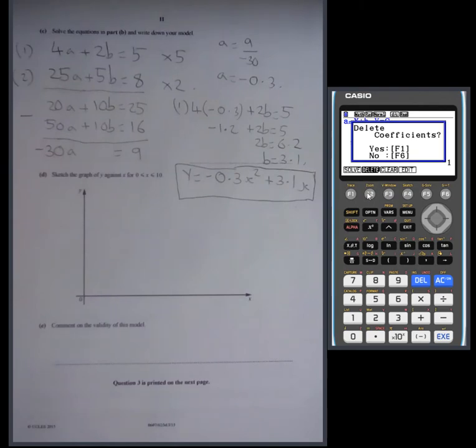Clear anything old, go back again, and I'm just going to put the initial equations in. So it was 4a plus 2b equals 5, and then 25a plus 5b equals 8.